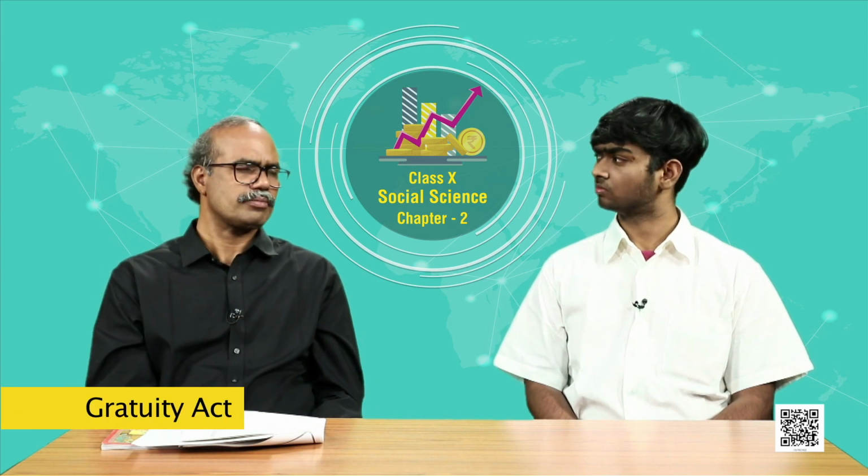And there is another act also, it's called the Gratuity Act. You know that in any enterprise there are employers and there are employees. The Gratuity Act says that if an employee works in a company for a specific period of time, he or she should be paid a lump sum amount on the basis of the number of years he or she works in that company.